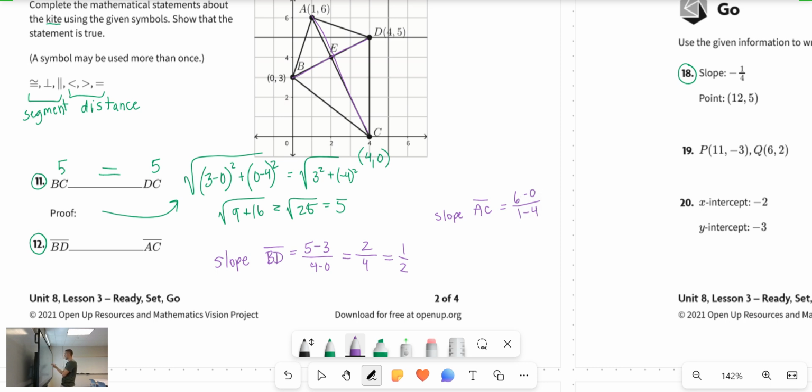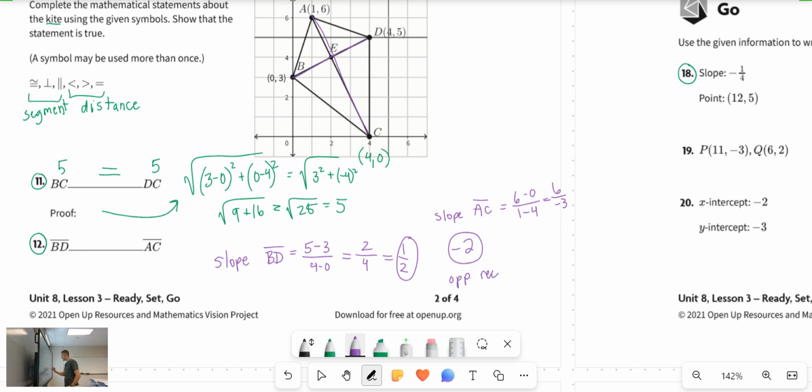So slope AC equals 6 minus 0 over 1 minus 4, right? Or 6 minus 0 is 6. 1 minus 4 is -3. 6 divided by -3 is just 2 divided by -1. So we have -2. So they are opposite reciprocals.